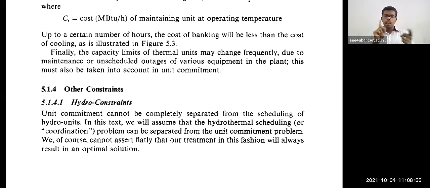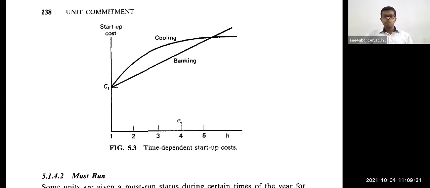We need to utilize the thermal generating units less, and maximally utilize the hydro generating units to meet the demand. That hydrothermal scheduling is also considered here. This is also one of the constraints for this unit commitment problem.